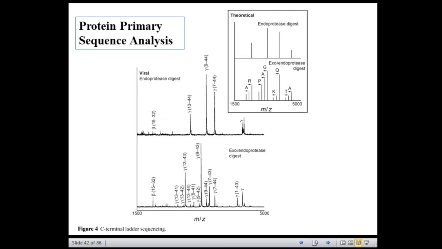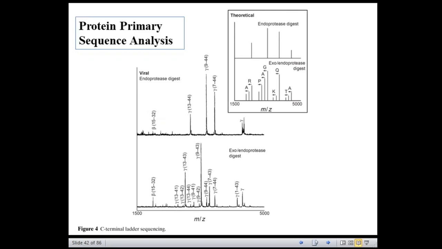So if you use an endoprotease, it cleaves the internal residue. If you use an exoprotease along with an endoprotease, then the result is a mass spectrum in which the peptides differ by one amino residue. So each amino residue can be identified.